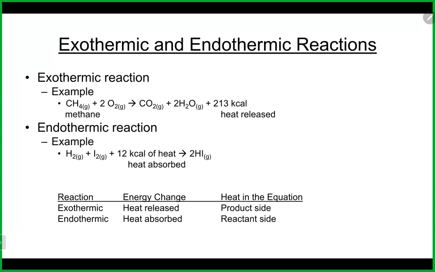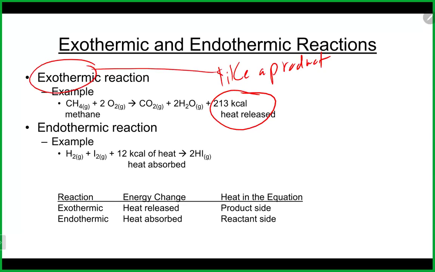So if you did put it into the equation, it would be treated like a product. So if it's an exothermic reaction, we treat energy like a product. And sometimes, like you can see here, they'll actually put the value of the energy in the equation.